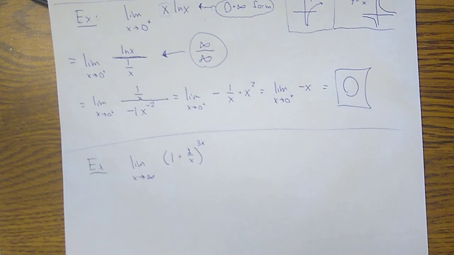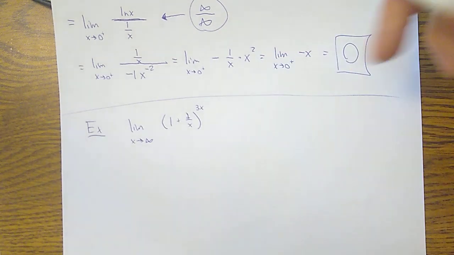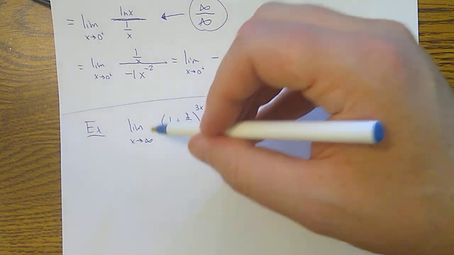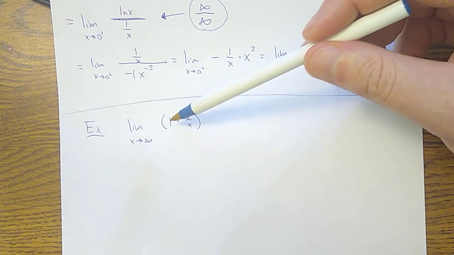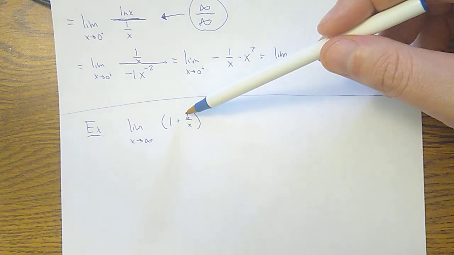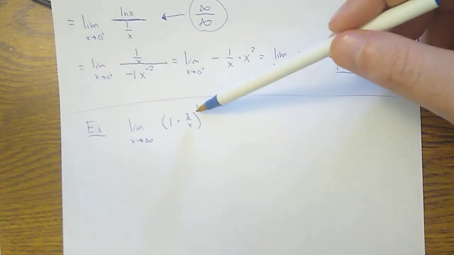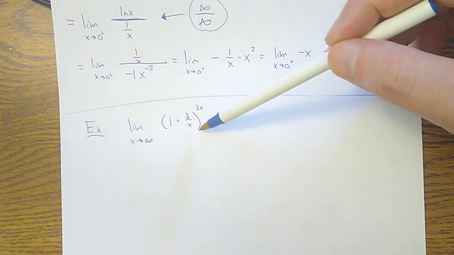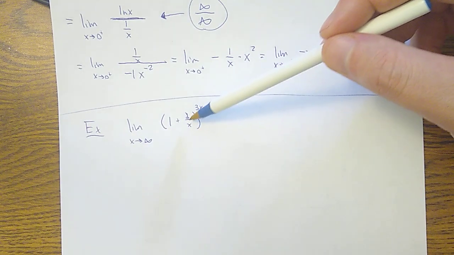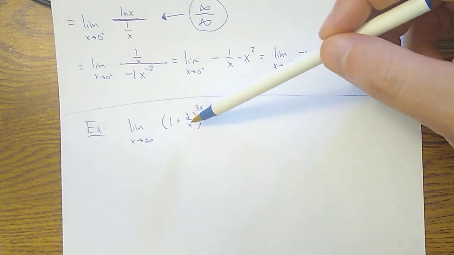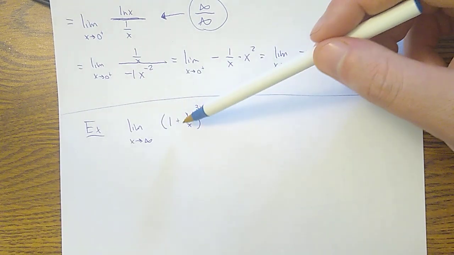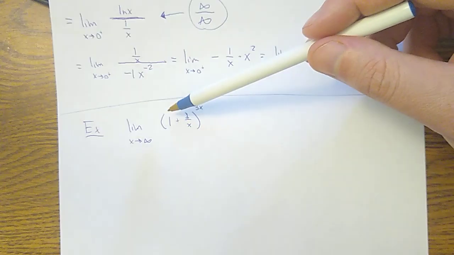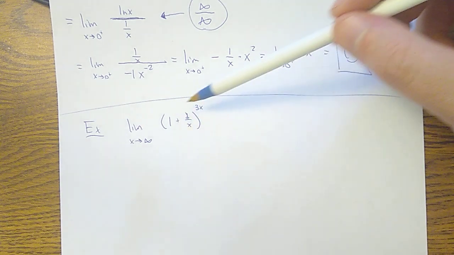So there are still more indeterminate forms. Take a look at this one. The limit as x goes to infinity, 1 plus 2 over x to the 3x. If you look at what's in parentheses, this 2 over x is, of course, going to 0 as x goes to infinity. So in parentheses, it's basically 1. What's in parentheses is going to 1.